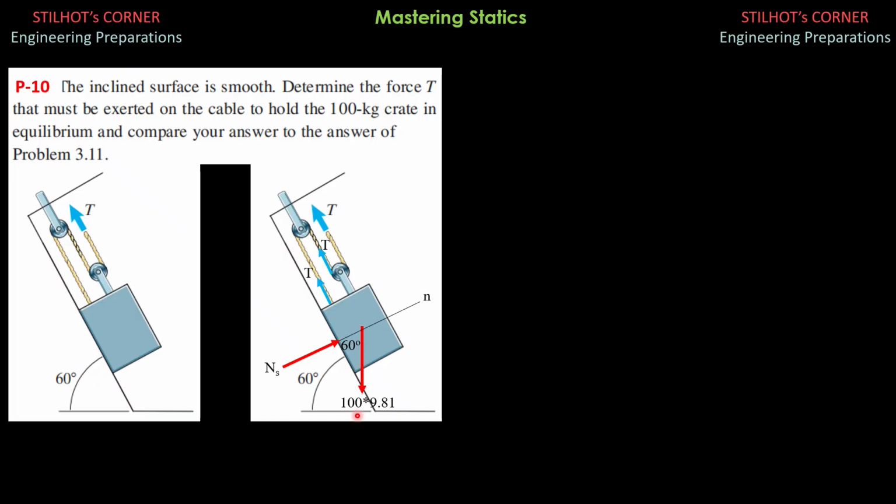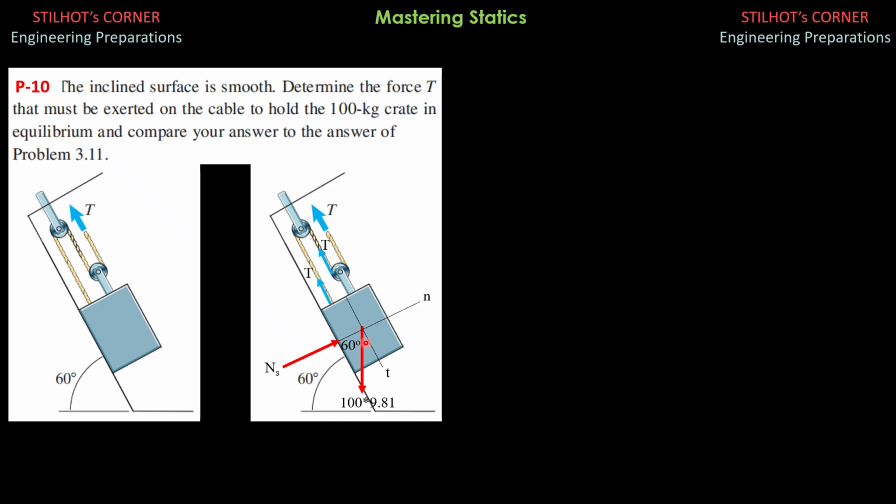Then this is the weight, 100 times 9.81. Let's define the tangential axis and normal axis, so that the normal reaction won't be involved in our solution. We sum up forces along the tangential axis equals 0.